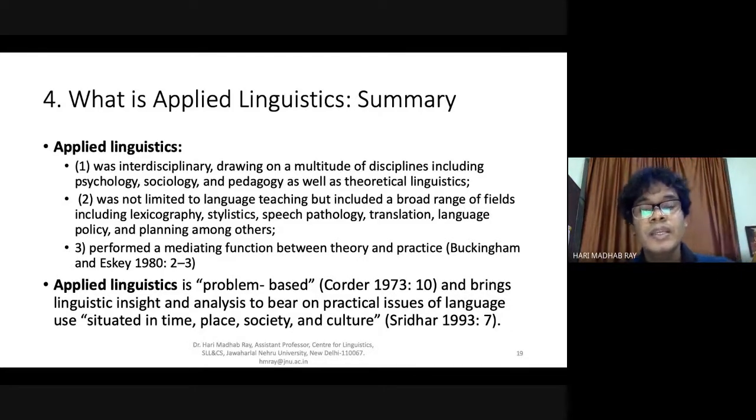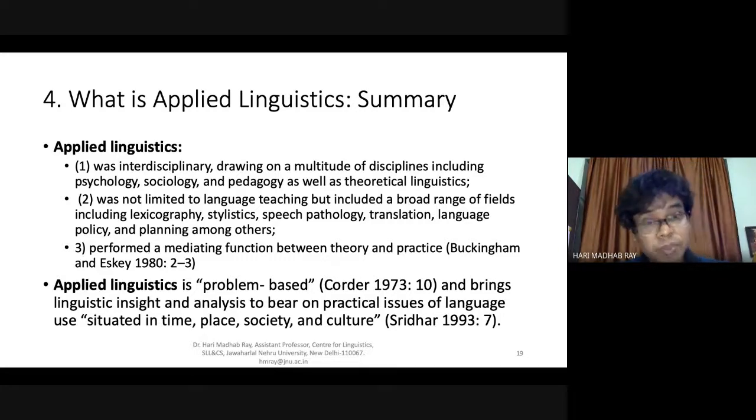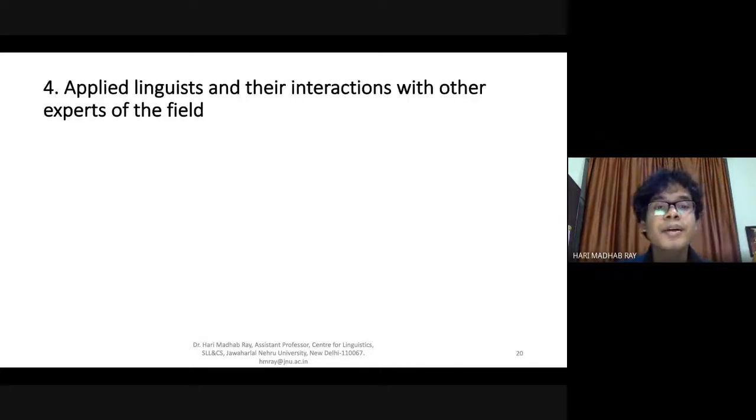So this is where Corder and Sridhar come in. It's problem-based, we understand, real-world problems, and brings linguistic insight and analysis to bear on practical issues of language use, situated in time, place, society, and culture. Sridhar, 1993. So applied linguistics involves interactions with other experts in the field.